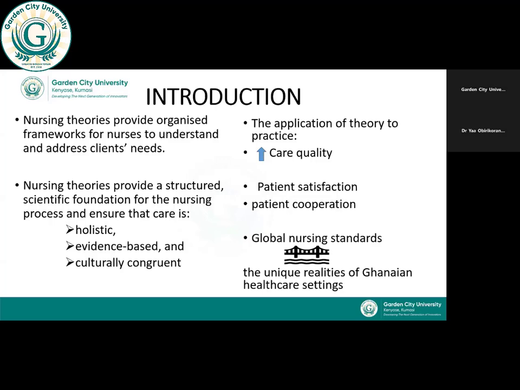There are curtains or some kind of barrier that prevents one patient from interacting with another, or there are single bed rooms. So if you are applying a particular theory in this context, and we have the open ward system, how are you going to consider the culture or the system that we are running in the country?